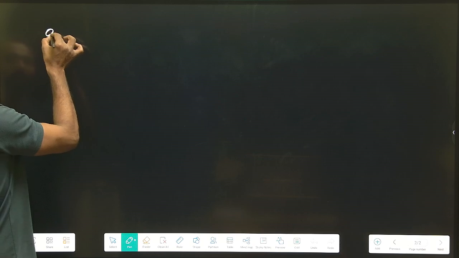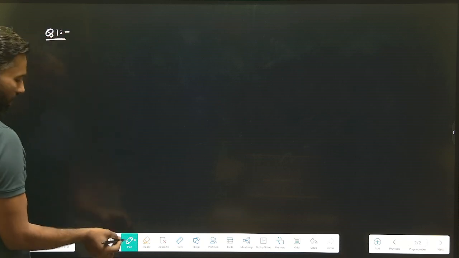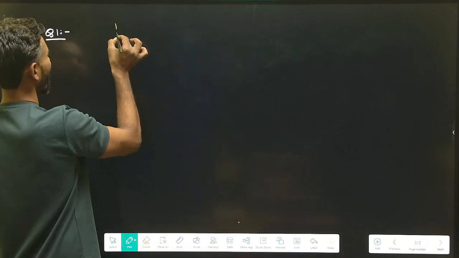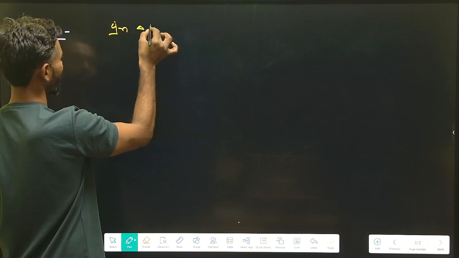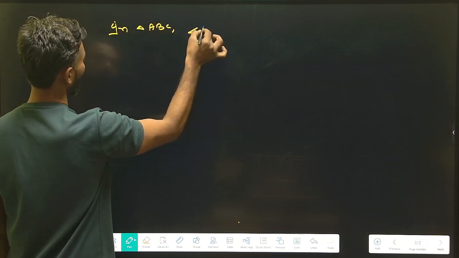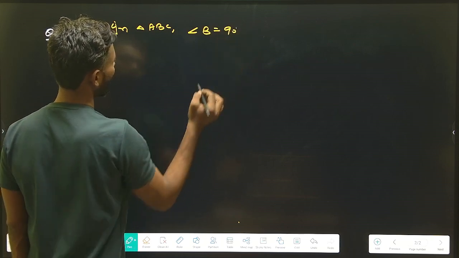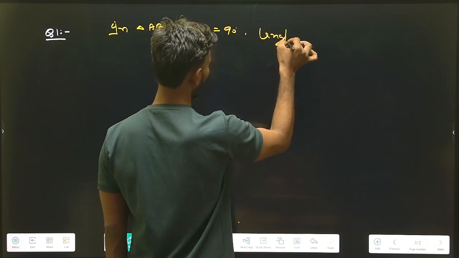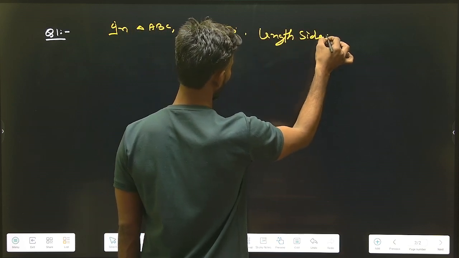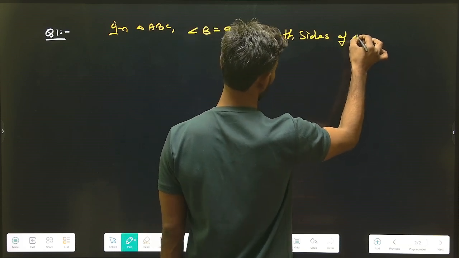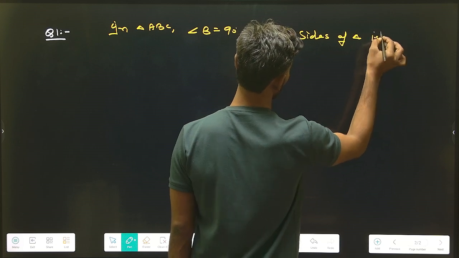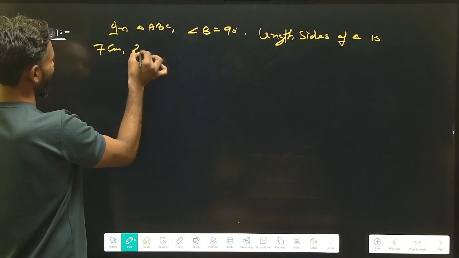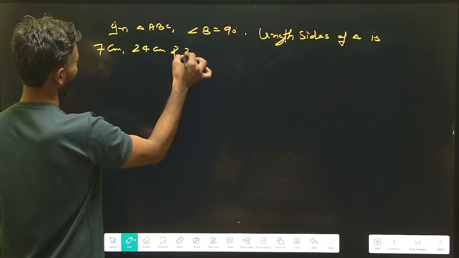The question says that there is a right angle triangle. In triangle ABC, angle B is equal to 90 degrees, and the lengths of the sides of the triangle are 7 centimeter, 24 centimeter and 25 centimeter.